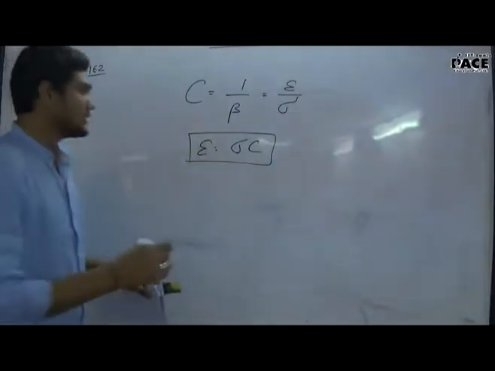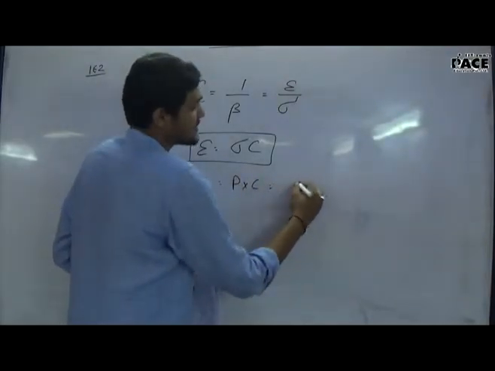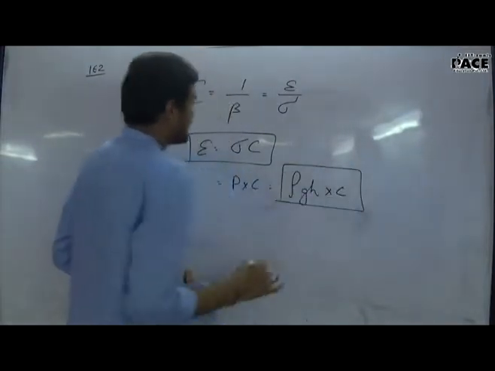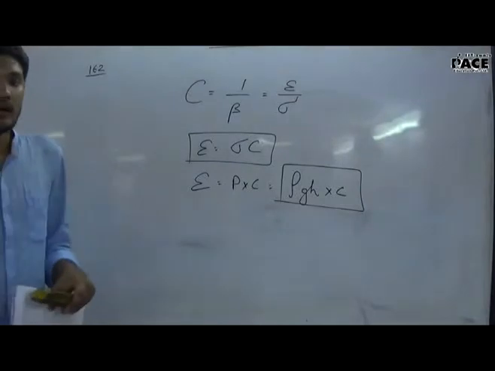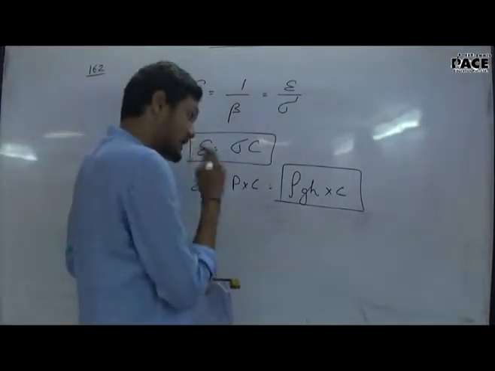In case of a liquid, stress is only pressure, and pressure is nothing but rho g h. So strain is rho g h into compressibility. Just put in the values of rho g h and compressibility, and you will get the strain.